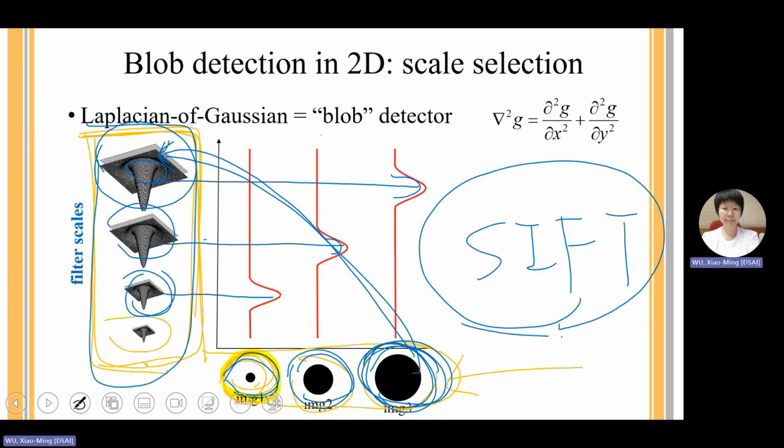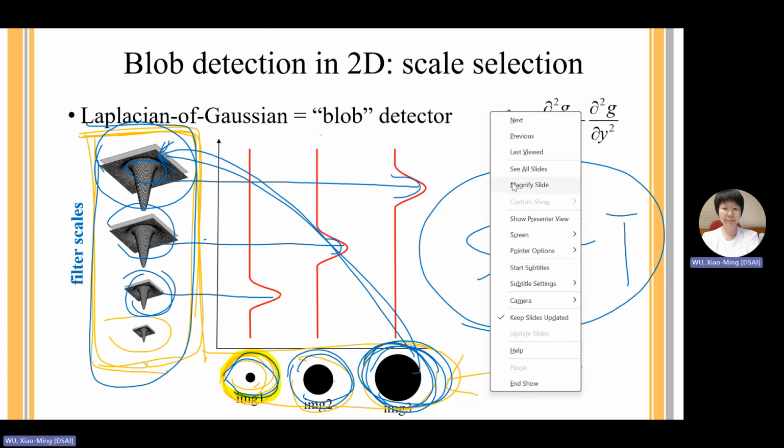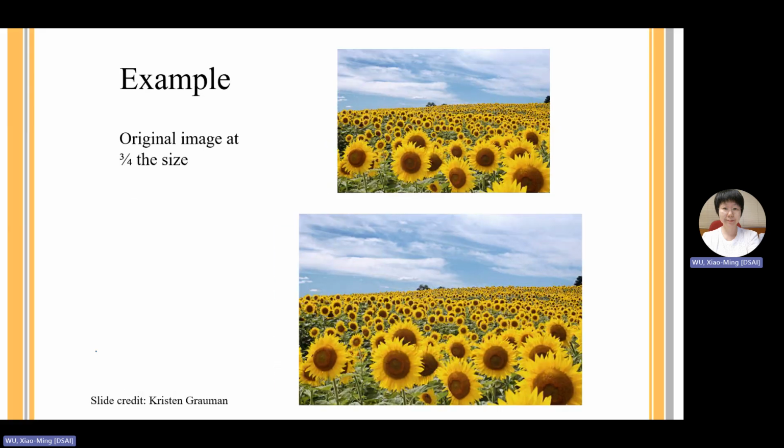Achieving scale invariance means that we can identify blobs of varying sizes simultaneously. For example, in the sunflower images, there are many sunflowers of varying sizes. How can I identify these blob-like shapes simultaneously?